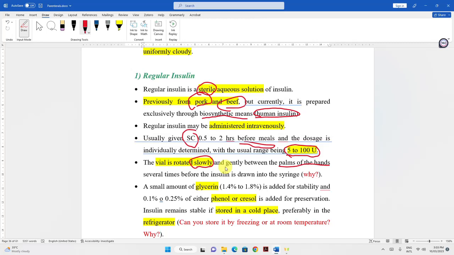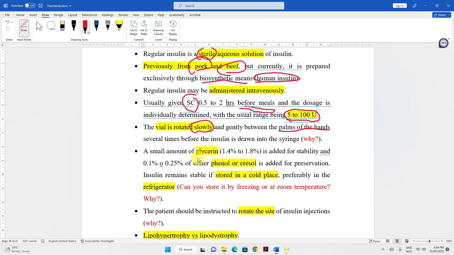An additional reason is that vigorous shaking can affect insulin molecules and make them less effective. Because insulin is a peptide hormone, like a small protein, and it has a complex structure, and this complex structure is important for the activity of insulin.